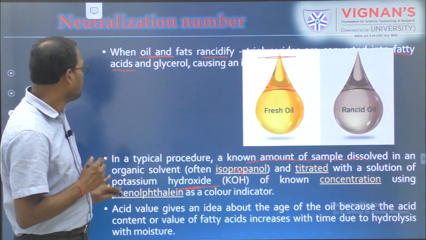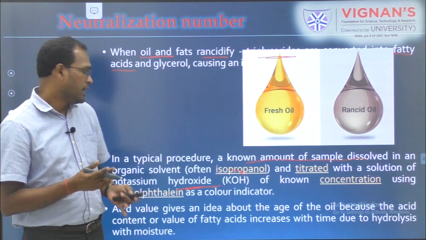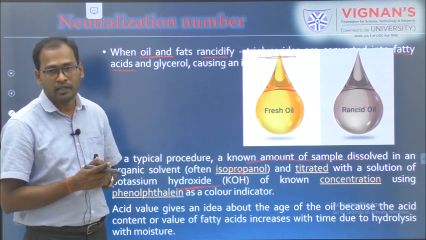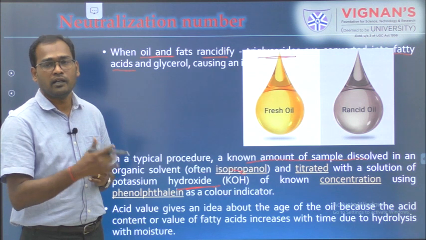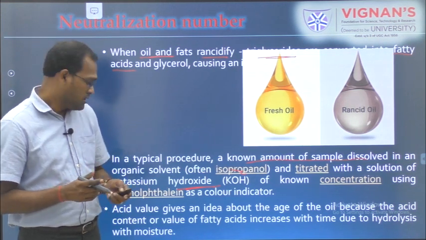So this is how the neutralization number is calculated. You take the oil, add excess potassium hydroxide, and you back titrate the excess alkali. That will give you the neutralization number.